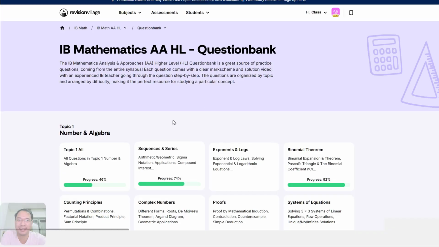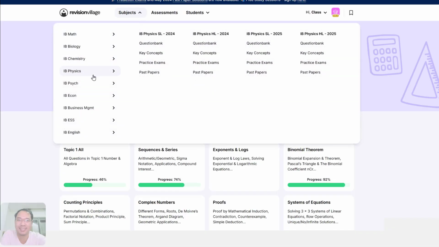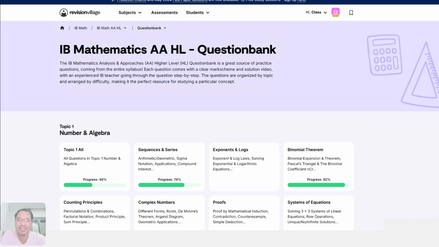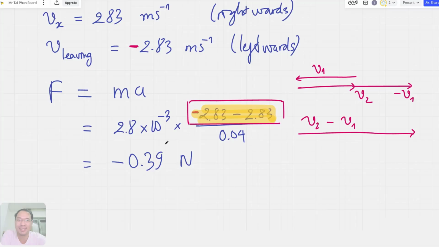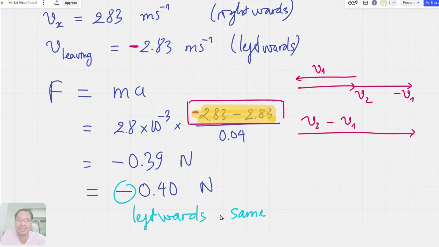Let me check the mark scheme. It says 0.4, so 0.39 rounds to 0.4. It doesn't matter about the negative sign; the negative sign just indicates that the force is leftward, in the same direction as the acceleration, opposite to the initial velocity. So it is correct.